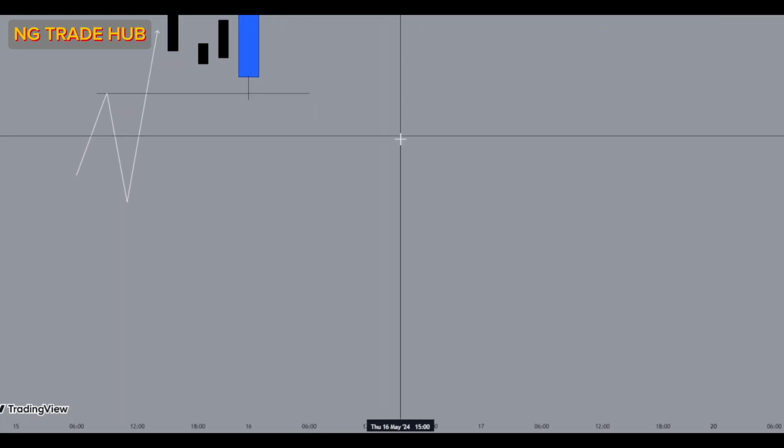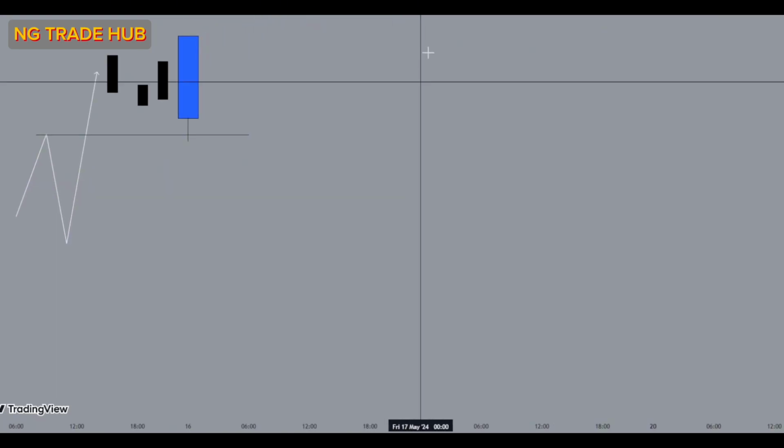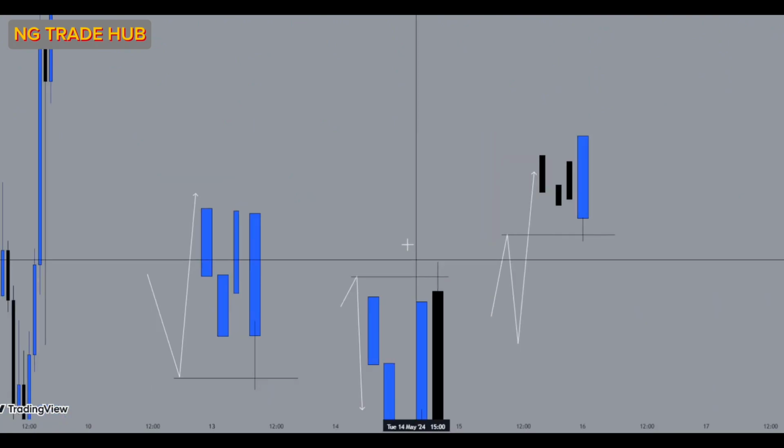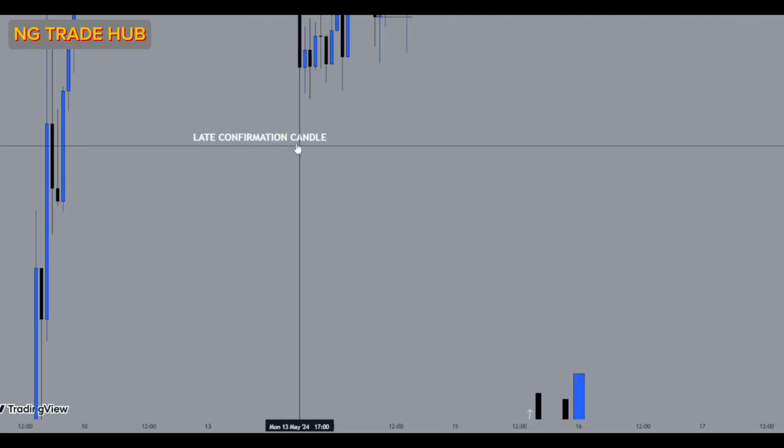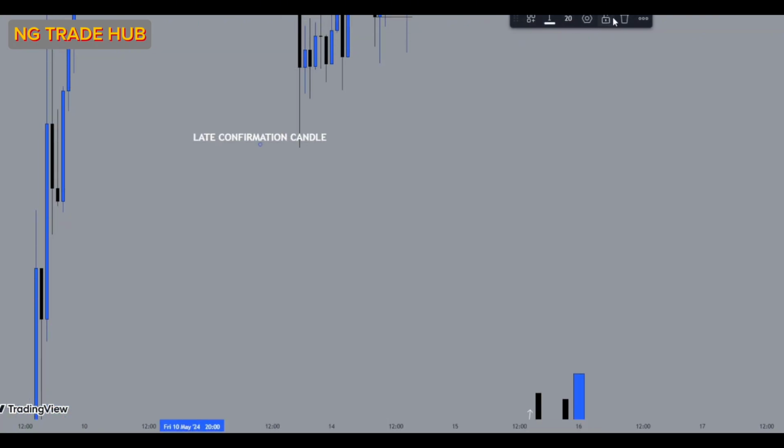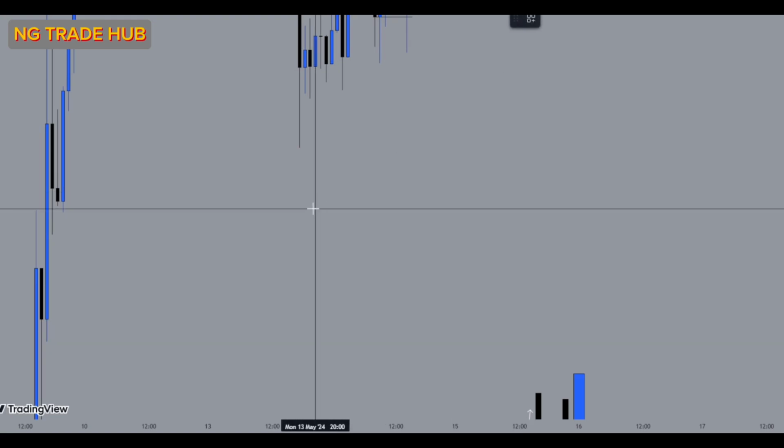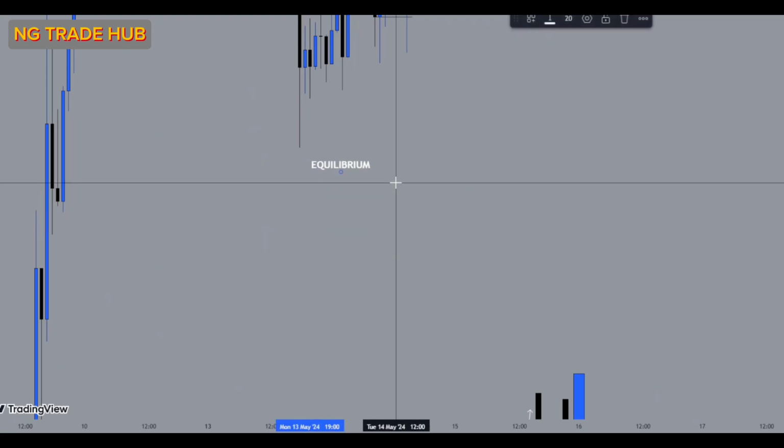Now we move to the third concept called equilibrium. So, what's the meaning of equilibrium?